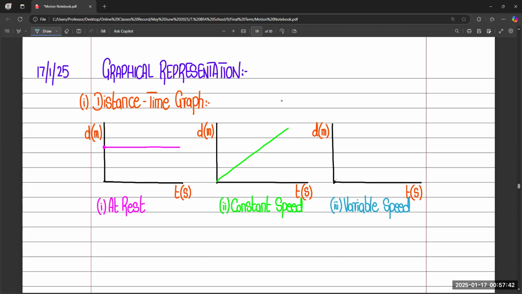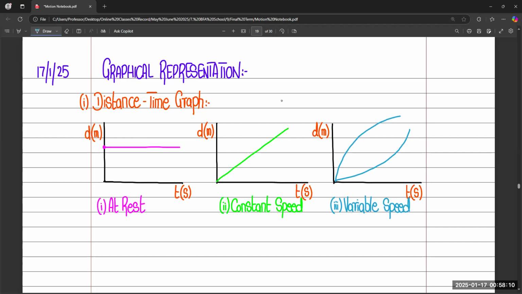If we consider variable speed, this will be a curved line, because variable means there is no pattern. So there are two possibilities in variable speed. The first one, we can make a curved line in this form, or from bottom to top. So these are two different representations for variable speed.